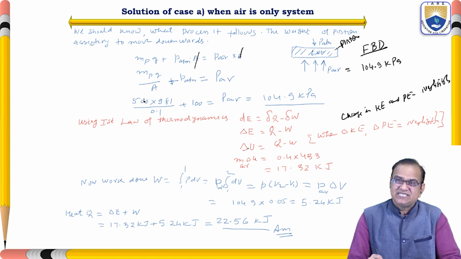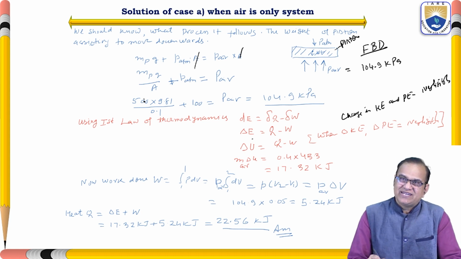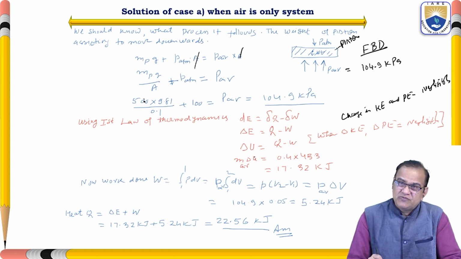So delta U is equal to Q minus W. If you make it small u, this will be multiplied by the mass of air.